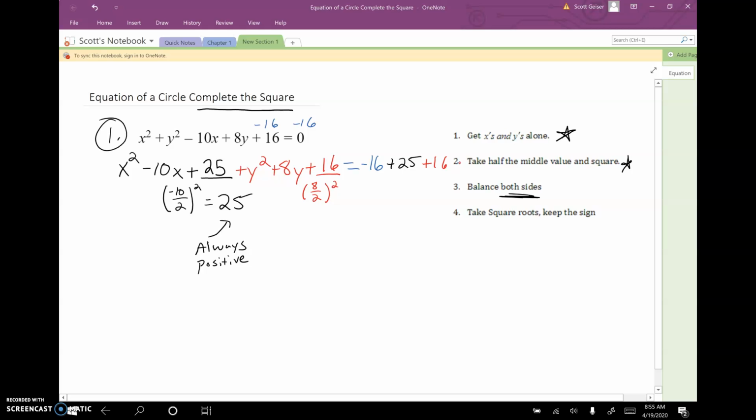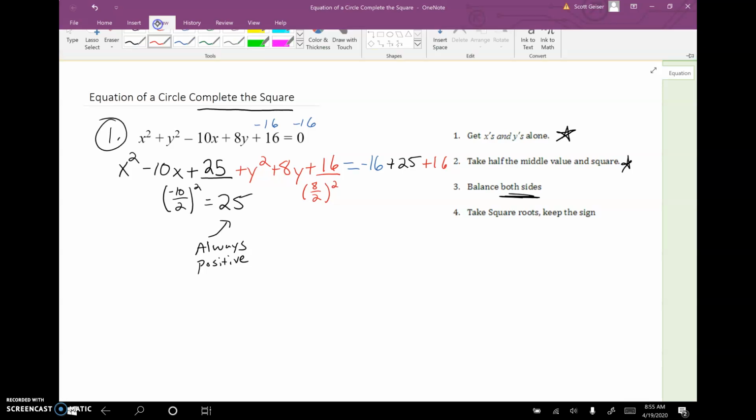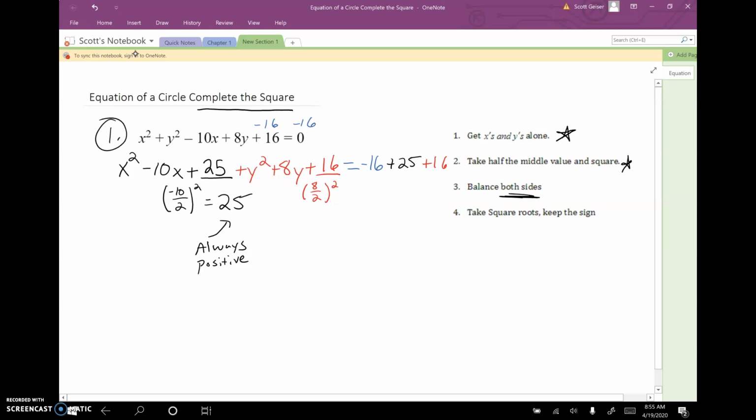Okay. Now what we're going to do is we're going to factor this part over here, x squared minus 10x plus 25. Now from previous lessons, this is a perfect square trinomial, which we factored before. But if you want to, you can go this way. Okay. You can multiply. You can get x squared times 25, which would be 25x squared on the top, negative 10x on the bottom.